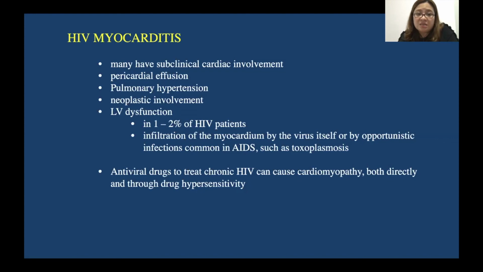This is because of the infiltration of the myocardium by the virus itself or secondary to the opportunistic infections common in AIDS, such as toxoplasmosis. Antiviral drugs used to treat chronic HIV can also cause cardiomyopathy, both directly or through hypersensitivity to the drug.